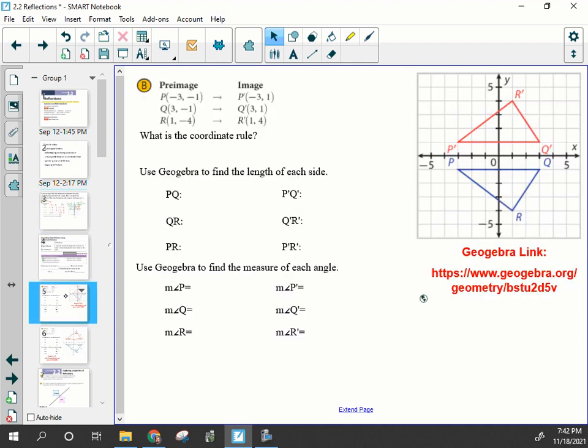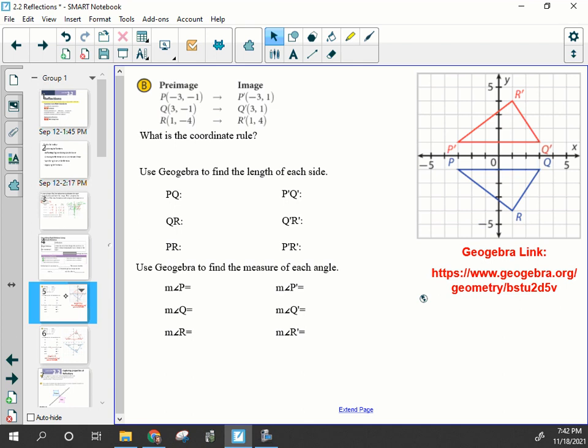Now we talked about, does it preserve distance and angle measures? In your notes you see this slide. The pre-image triangle PQR is graphed for you. It's the blue triangle on my screen below the x-axis. Triangle P prime, Q prime, R prime is the triangle above the x-axis, which is red on my screen. What's the coordinate rule?